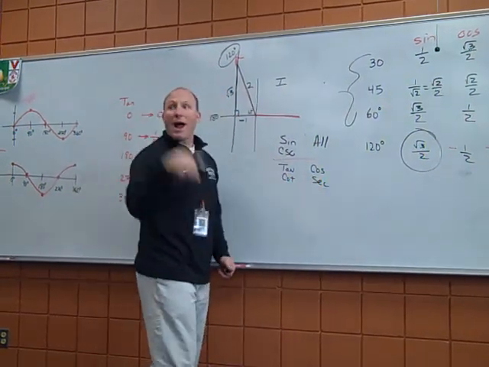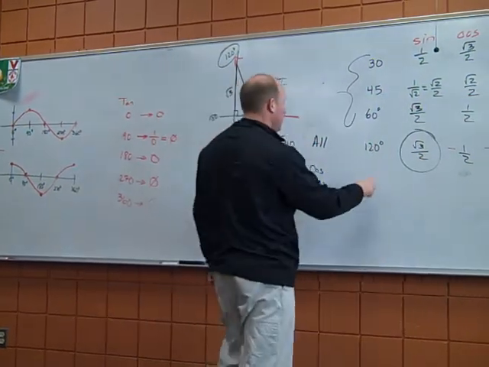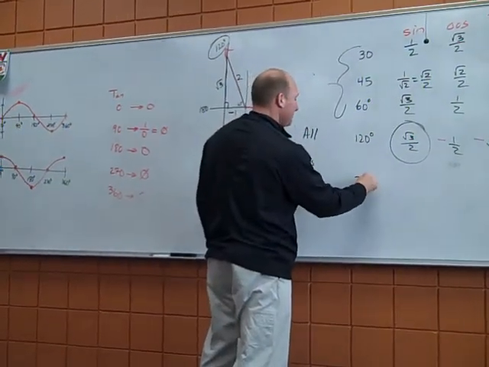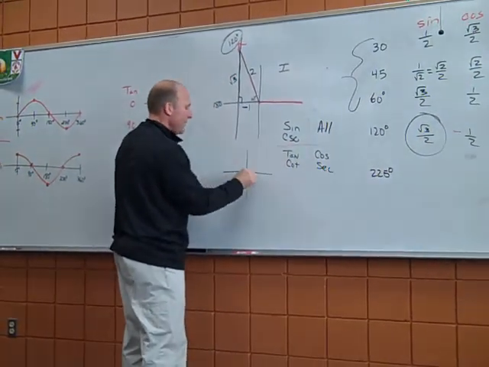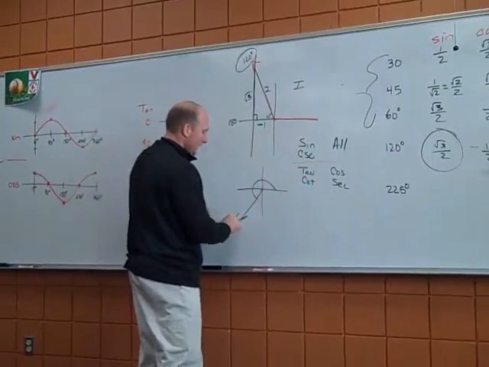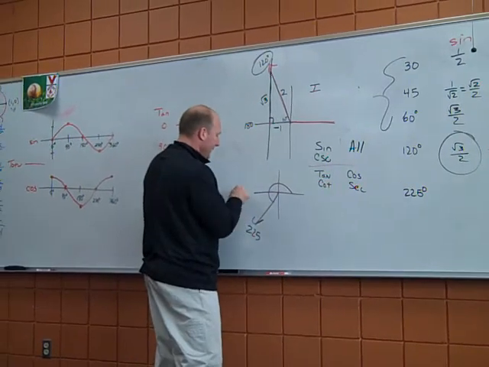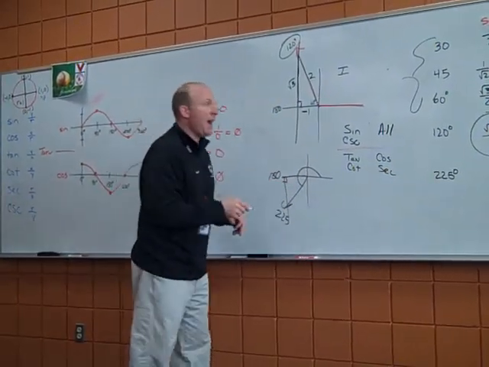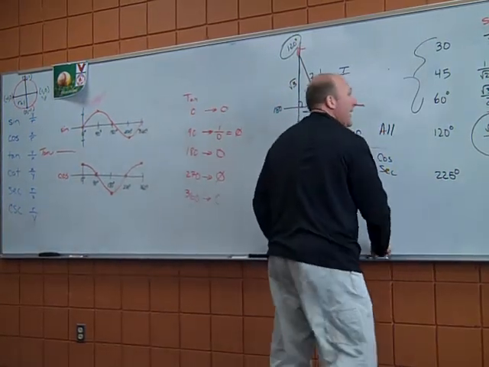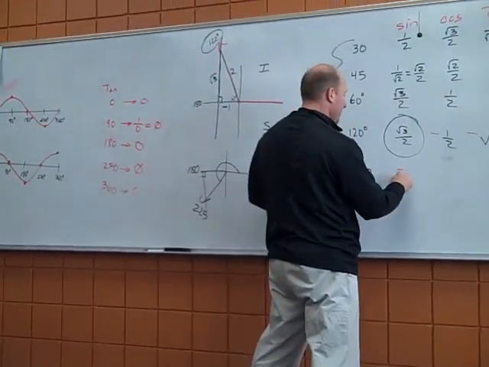So let's drop to 225. 225 is what reference angle? If this is 225, this is 180. What's the distance between my legs? 45. So 45-degree angle. I can go ahead and do it.